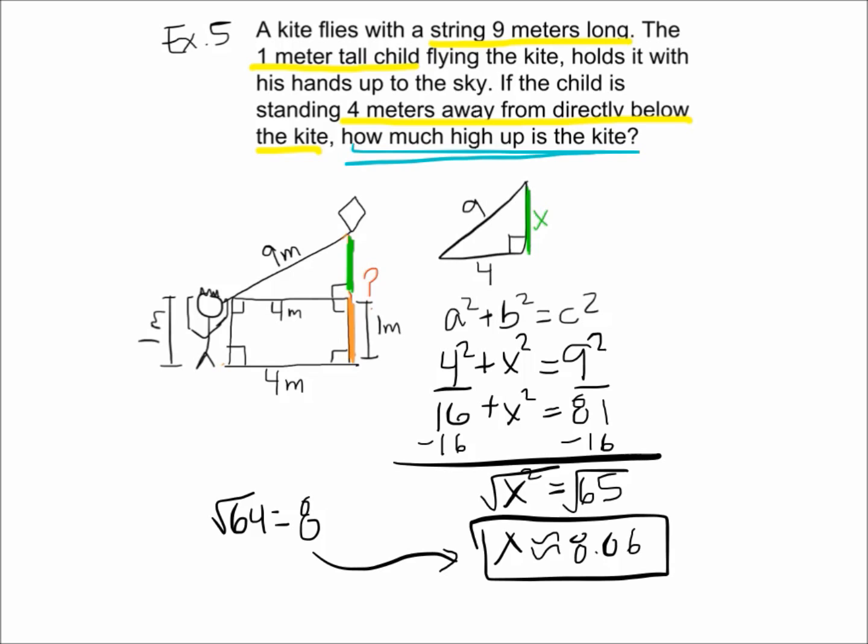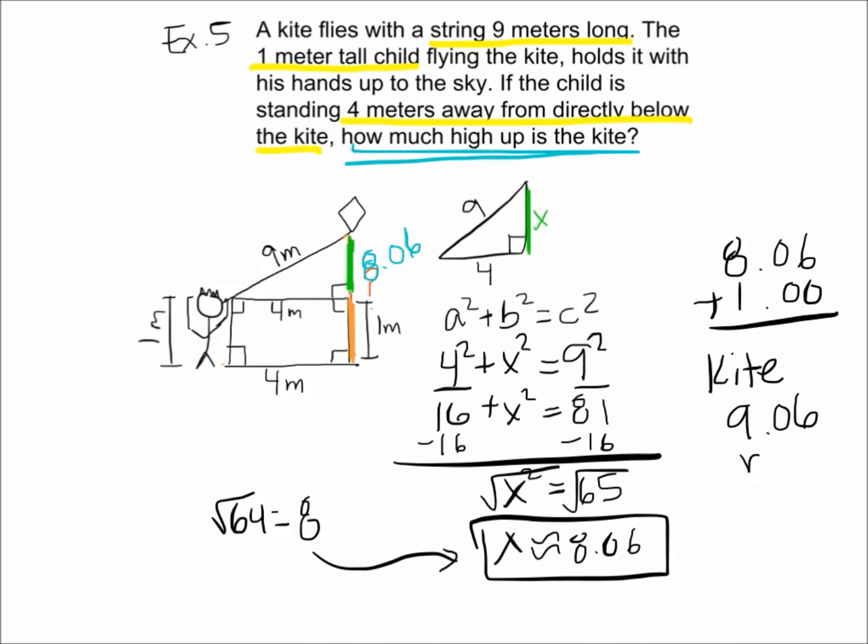Well, if this section is approximately 8.06, and this piece is 1 meter, then that must mean that my total is 8.06 plus the 1 meter up of the kid. That means the kite is about 9.06 meters high.